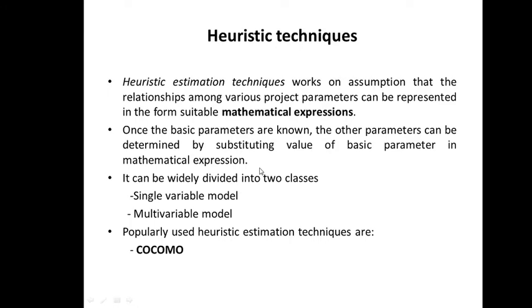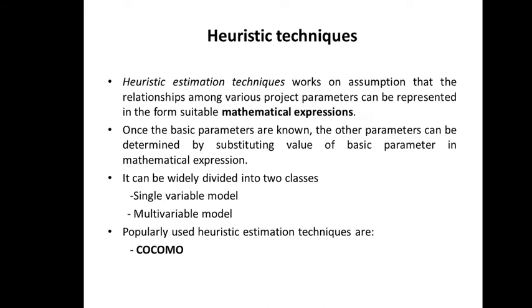So simply it means that if one parameter is known, say if I know the size, I can estimate the effort based on the size, right? Or if I know the effort, I can calculate the development time. Or if I know the development time, I can identify the cost.